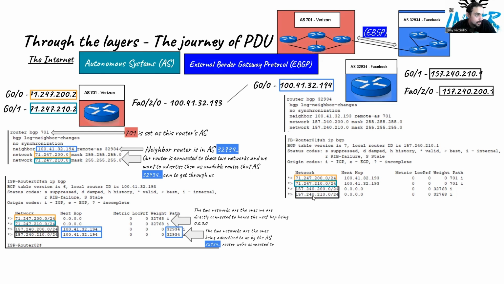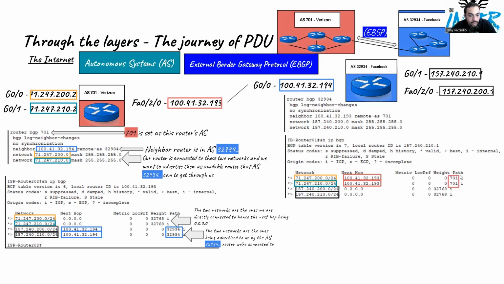And here you can also see that the ones that are directly connected to this Facebook router have the 0.0.0.0 next hop because they're directly connected. And then here you can see that the next hop for the ones that we're advertising to Facebook is our interface that Facebook is connected to right here.